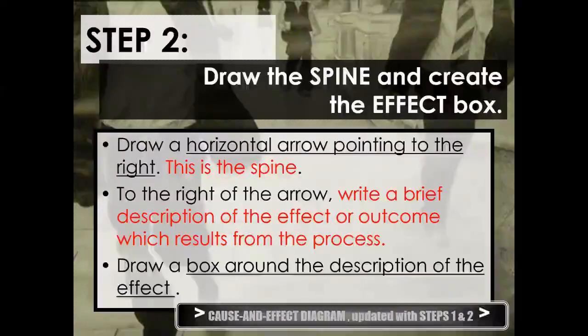To the right of the arrow, write a brief description of the effect or the outcome. For example: fail to submit the assignment at the correct time. Forget to bring relevant documents for the interview.